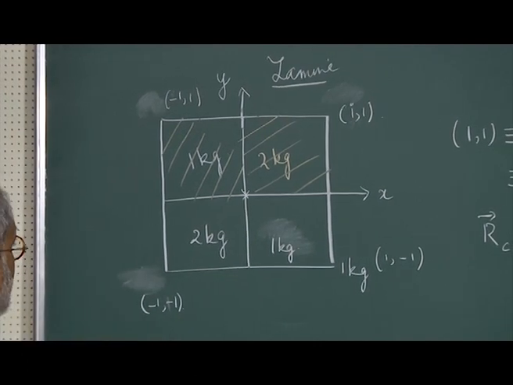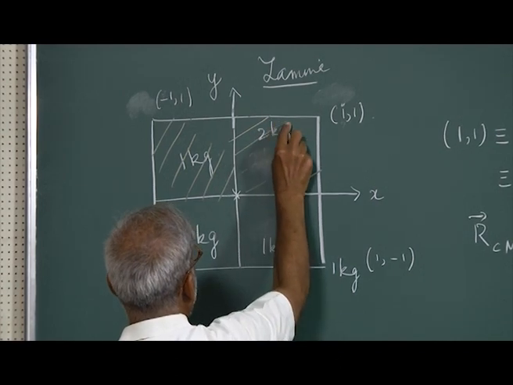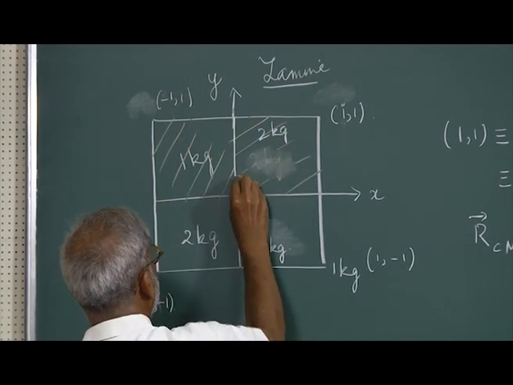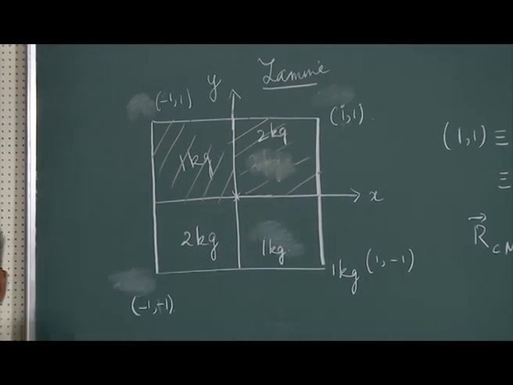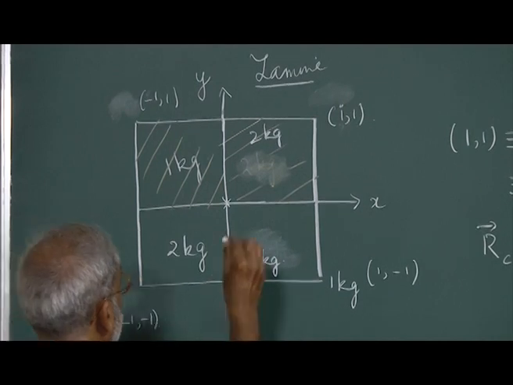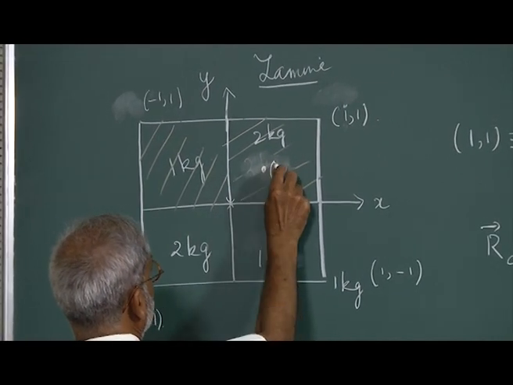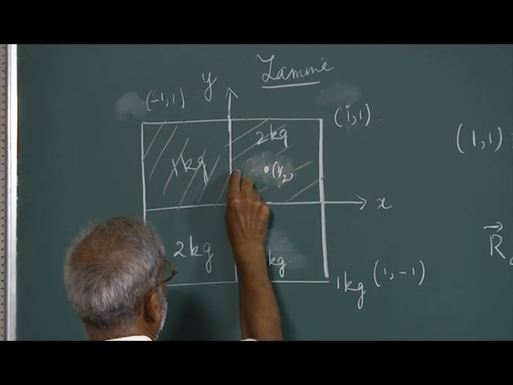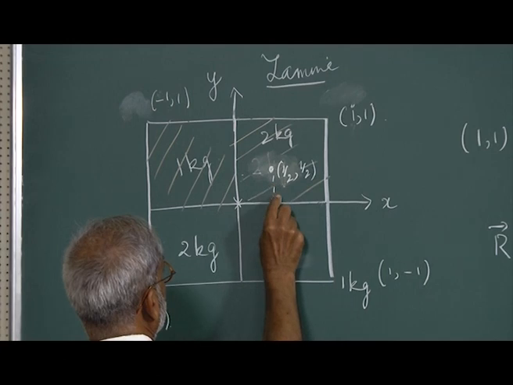Remember, this is 2 kilograms. The center of mass of this lamina portion, remember it is a uniform lamina. So, by symmetry considerations and geometry, the center of mass would be located here. What are the coordinates? Drop to the x axis, it is half, and the y coordinate is going to be this half, right.